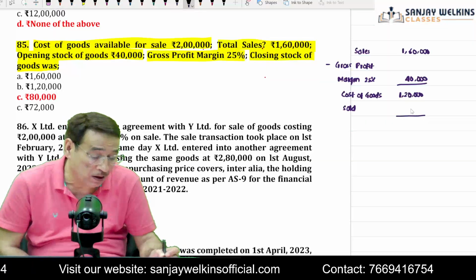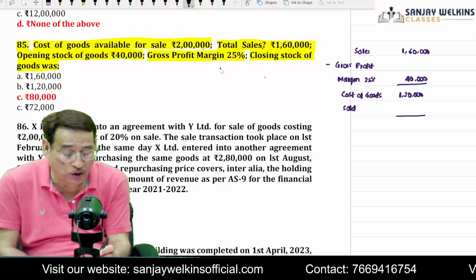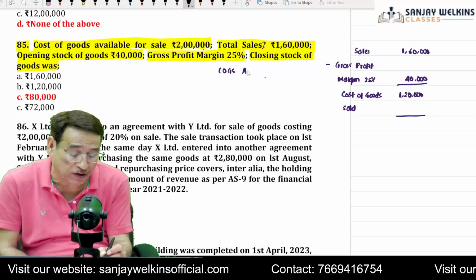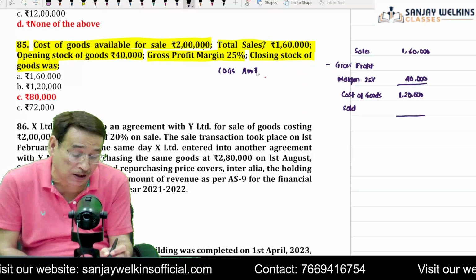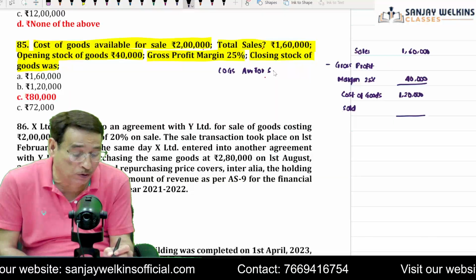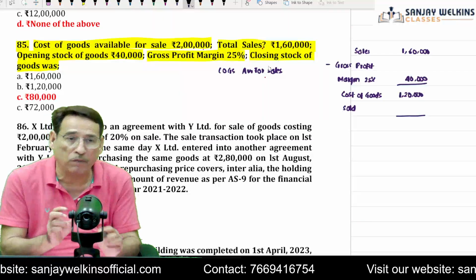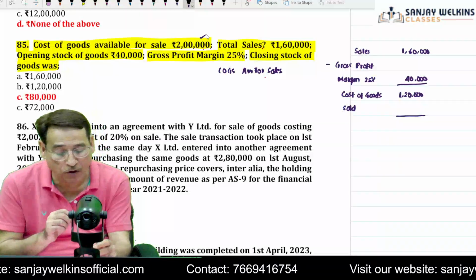Correct? Now in this particular question you are being given the cost of goods available for sale. The total cost of the goods which was available for sale was 2 lakh.